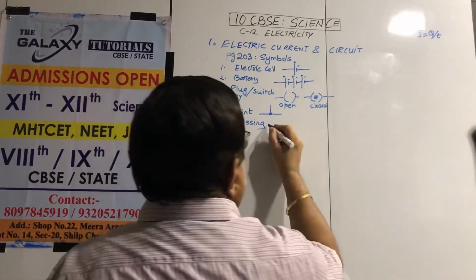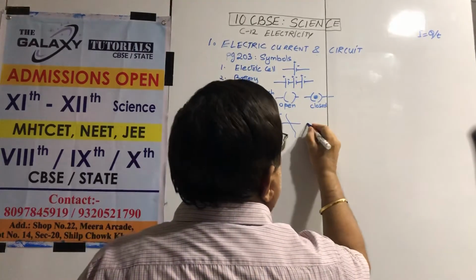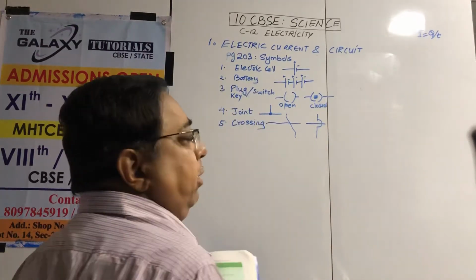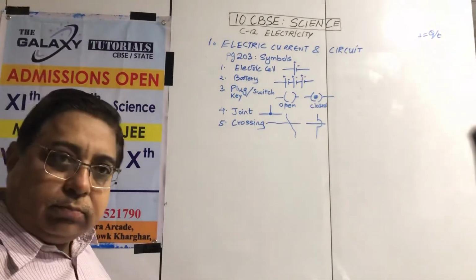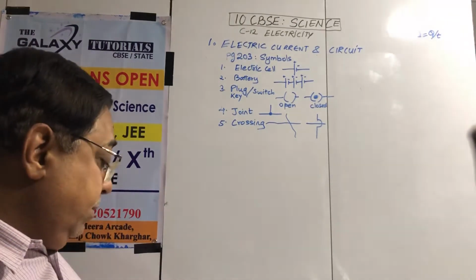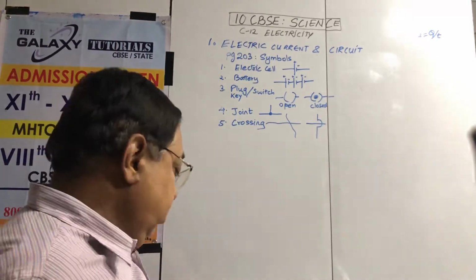I have one wire going like this, and another wire lying like this. In a circuit, I will show them like this. A jump is shown. It is not a joint, it is lying on top, so it has nothing to do with the wire below. They don't join. A joint will always be shown by that black dot.